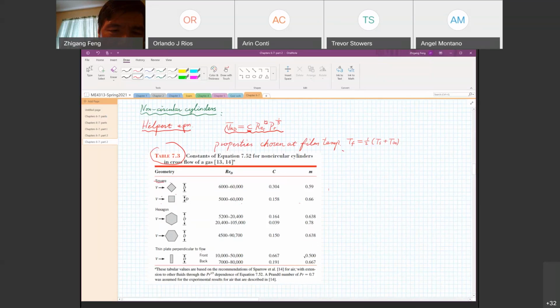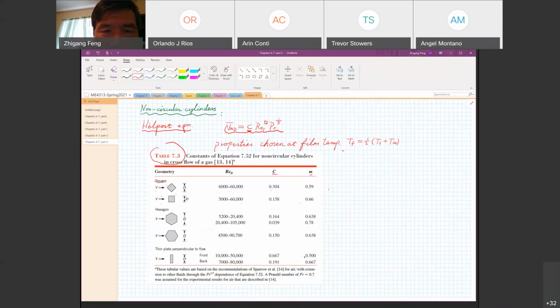So this is a diagonal. Okay? The other is flow perpendicular to the side surface, and they have different constants C and M. So you have to pick which flow direction. Not only the cross-section configuration, you also need to know the flow direction. And if you have something in between, then you probably have to interpolate between these two.